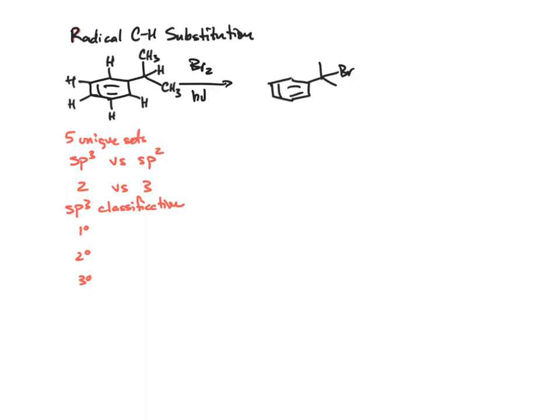So right now we're only looking at the 2 unique sets that are sp3 hybridized, and we want to classify them. So we want to classify the hydrogens as primary, secondary, tertiary. We said there's 3, 4, 5, 6, 7. 7 hydrogens that belong to sp3 hybridized carbon.